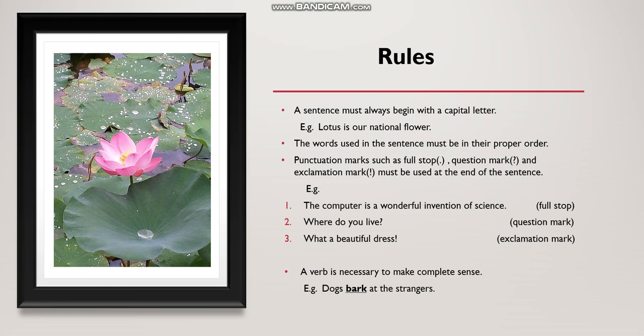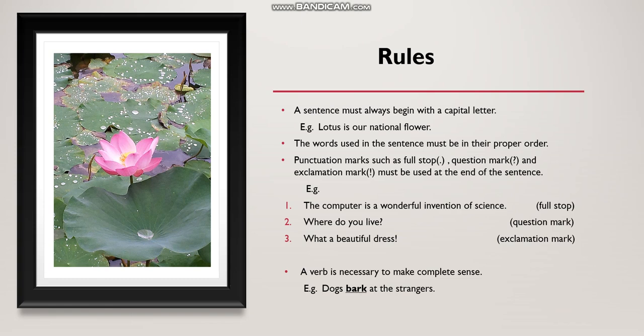Now, let us look at point number 2. The words used in the sentence must be in their proper order. So students, when we are writing some words together to make a sentence, the words should be in a proper order.